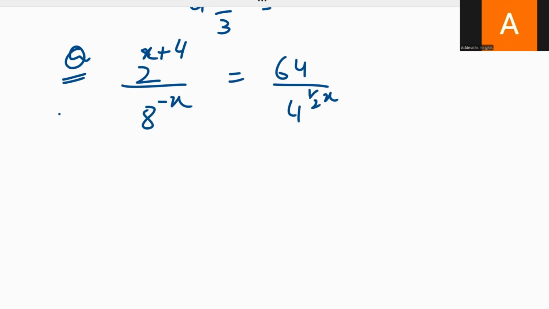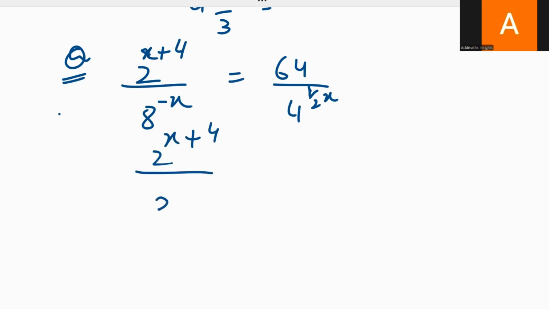So we apply the same technique. You need to make the bases the same for applying the laws of indices. So how can you express it? The smallest base you can change everything into is 2 here.